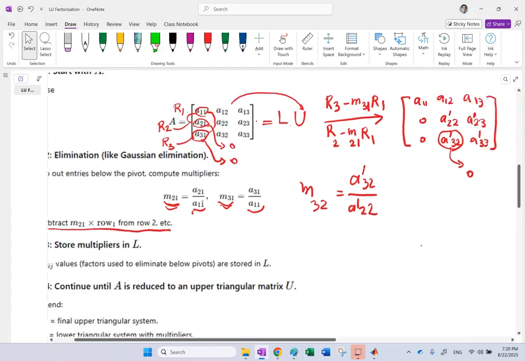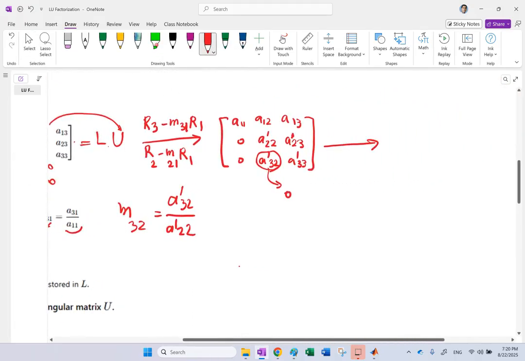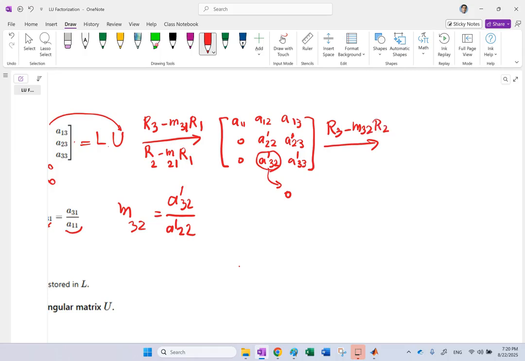And then if I do that, now my last operation is going to be basically row 3 minus M32 times row 2. And then I am going to get this.